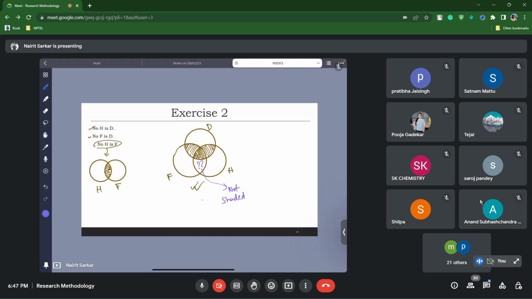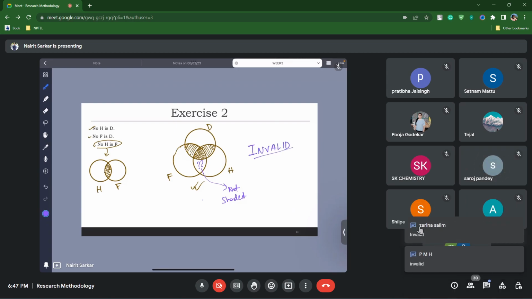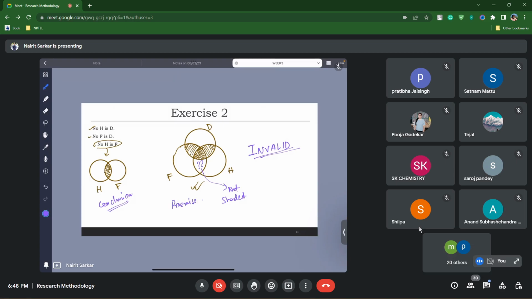So valid or invalid? Invalid. Easy, right? Because this we got from the conclusion and this one from the premises.